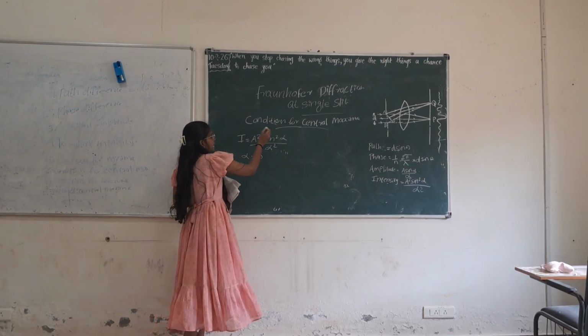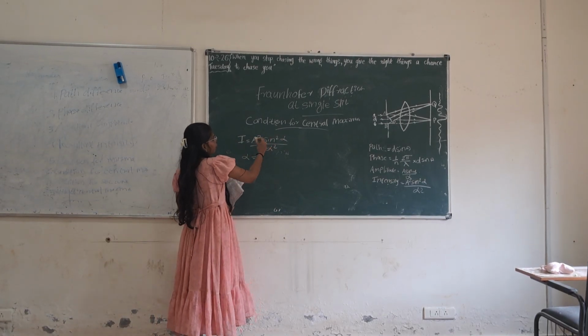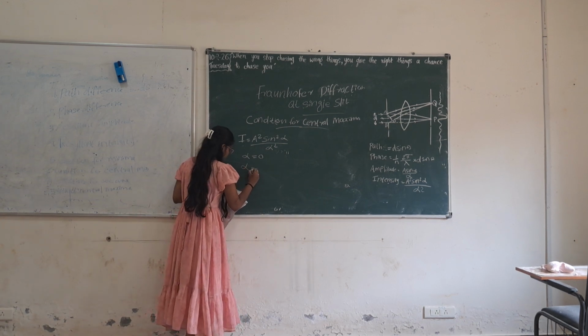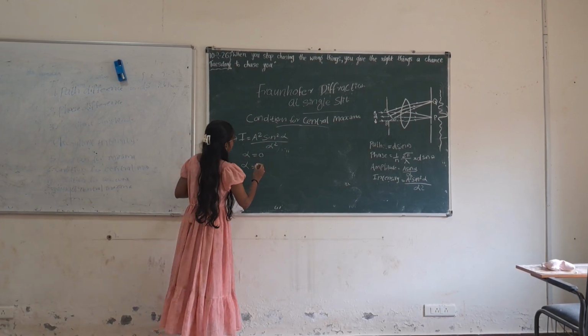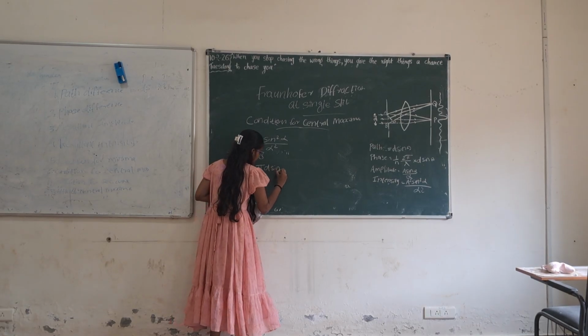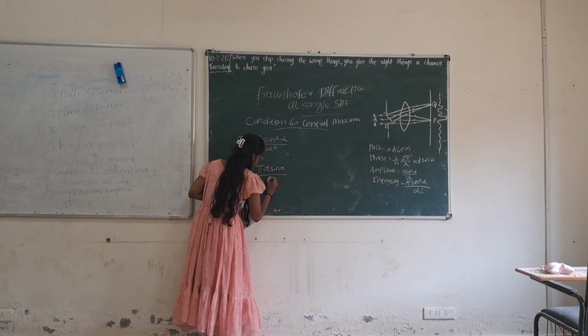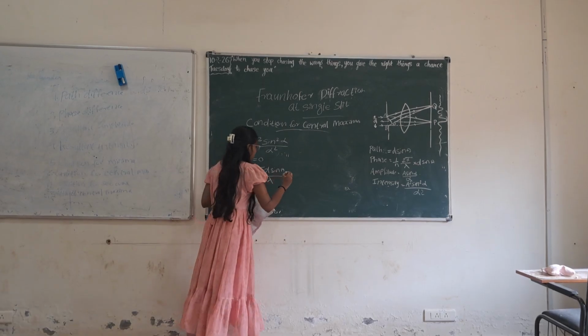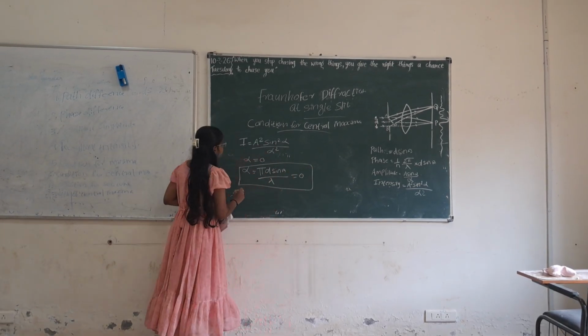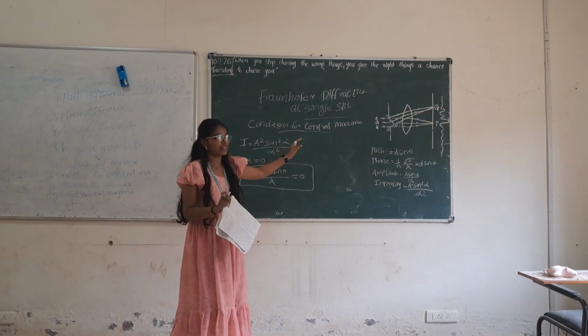For maximum intensity at the central maximum, we substitute the value of alpha, pi d sin theta by lambda, which is equal to 0. This is the condition for central maxima.